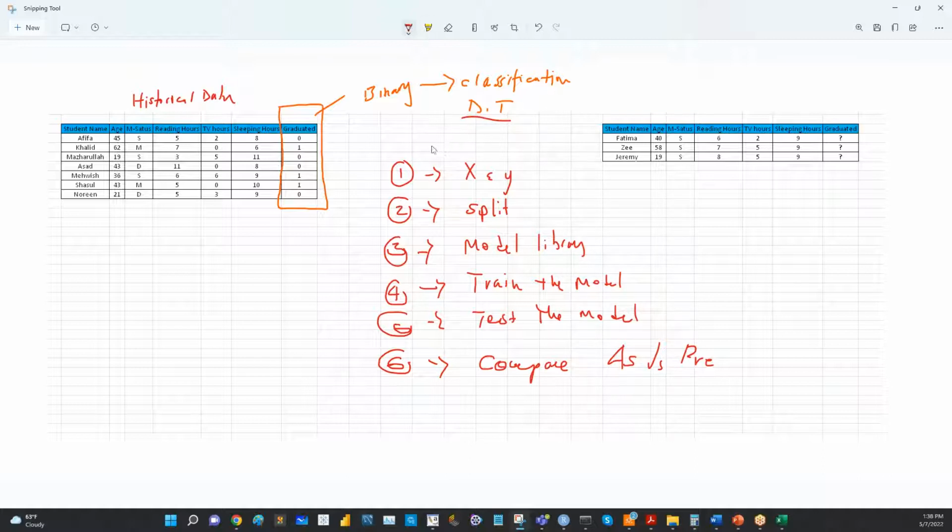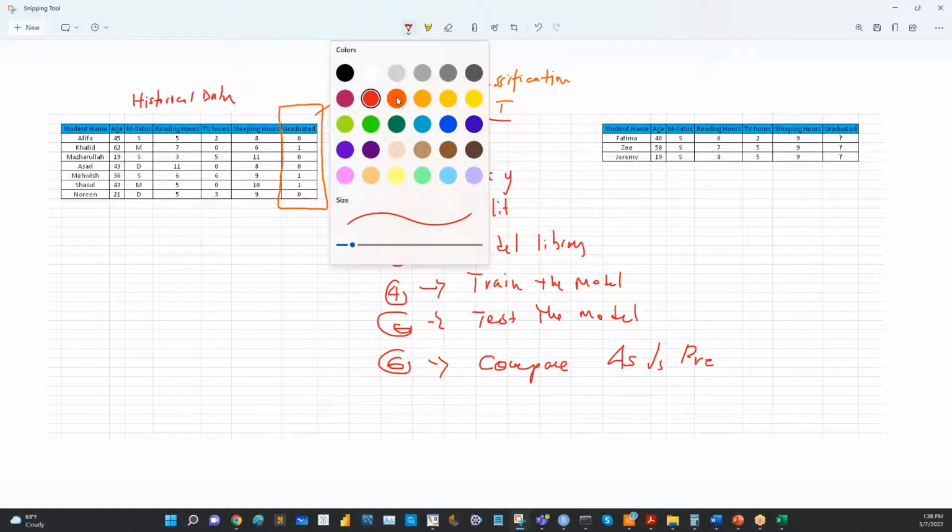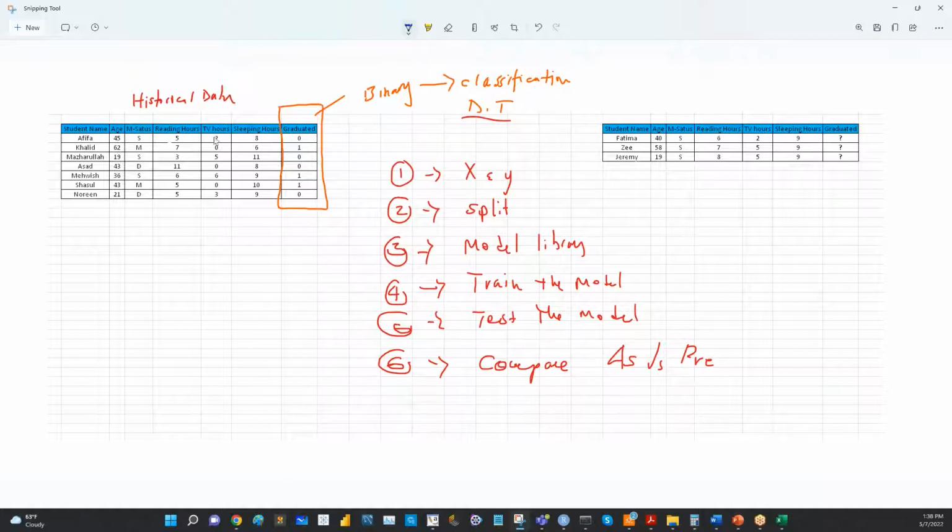So what is a decision tree? A decision tree, in a nutshell, is simply an upside down tree that uses rules.